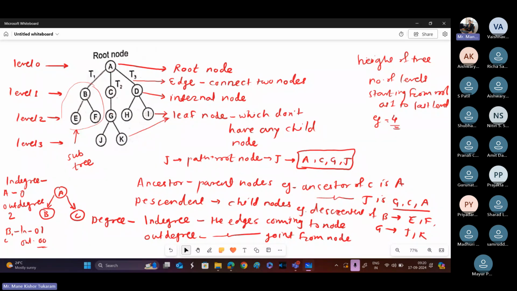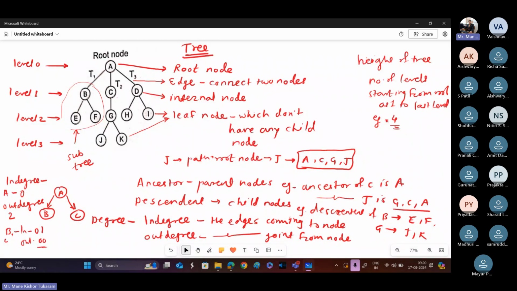Okay, so these are the basic terminologies related to the tree. Whenever we consider the tree, these are the basic terminologies.